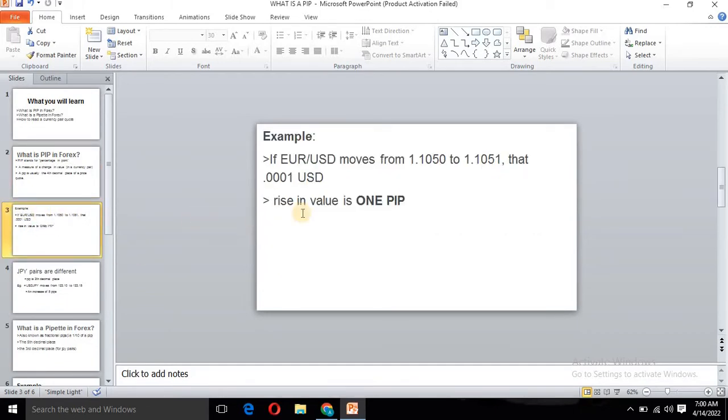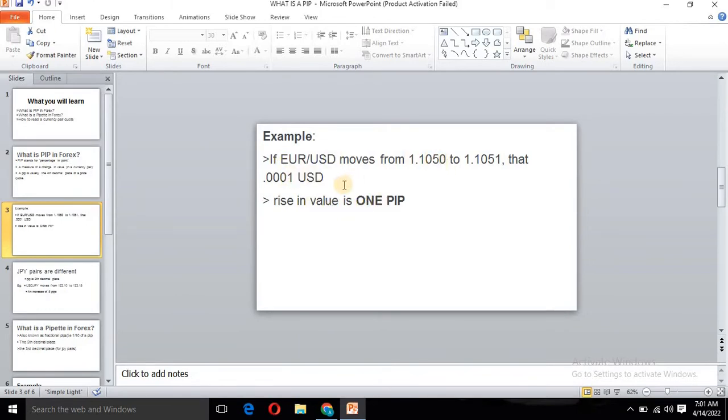So I'm going to use Euro USD now to demonstrate what this means. So if Euro USD moves from 1.1050 to 1.1051, that means if you say this minus this, you are going to get this, which means the rise in value is 1 PIP, which is 1 here.